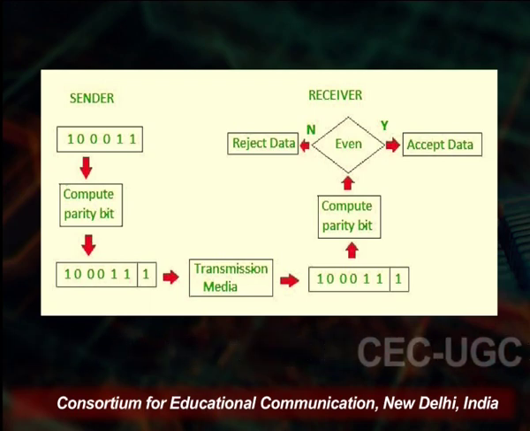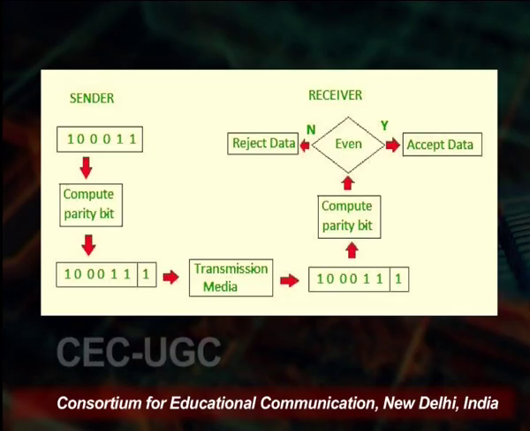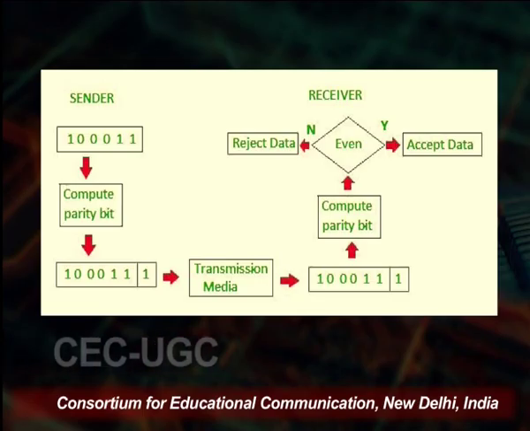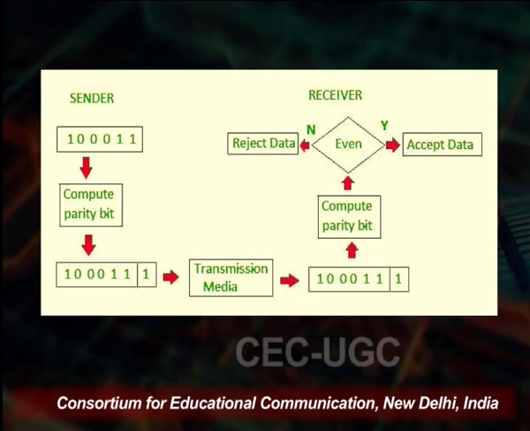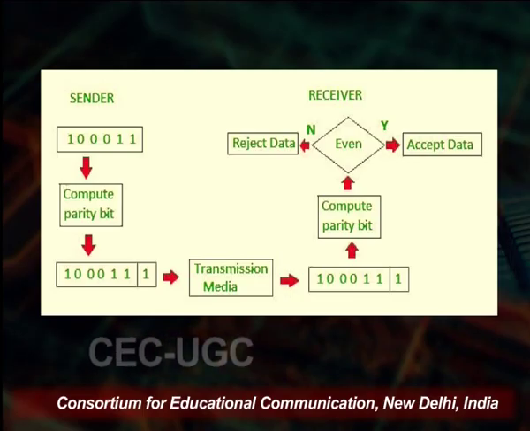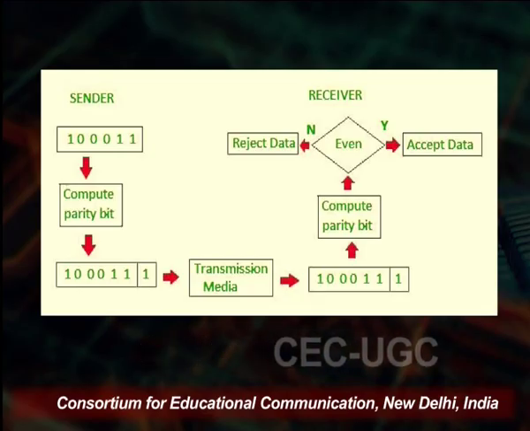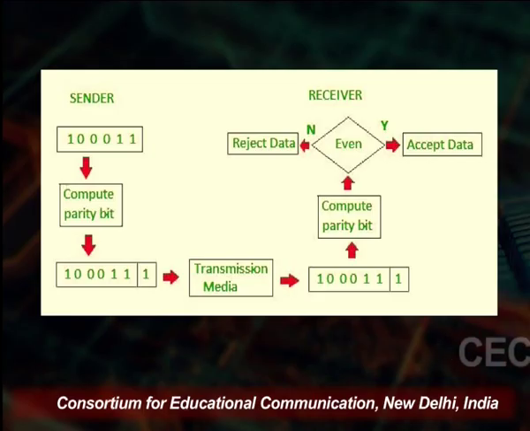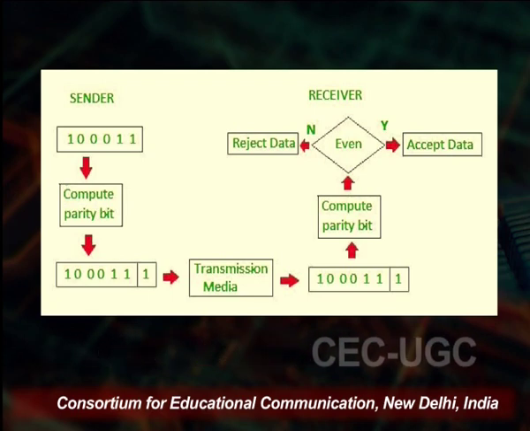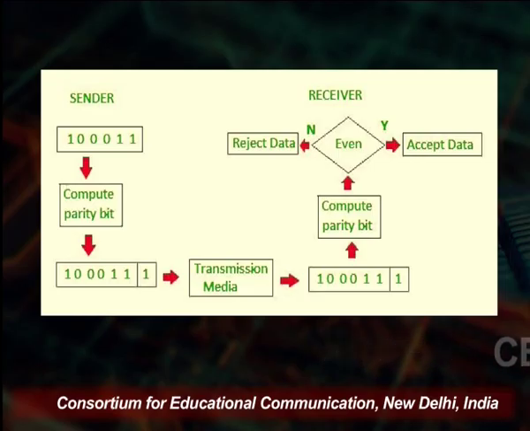So, now the total number of 1 bits in the whole data stream has become even, which is 4. Data is transmitted, and at the receiving end, the parity bit is computed. The parity bit is expected to be 1 in order to make the total number of ones even. If it is even, then the data is accepted. If it is not even, then the data is rejected.